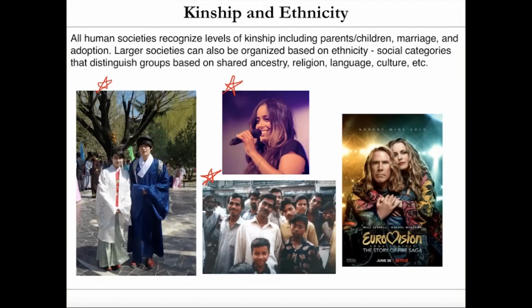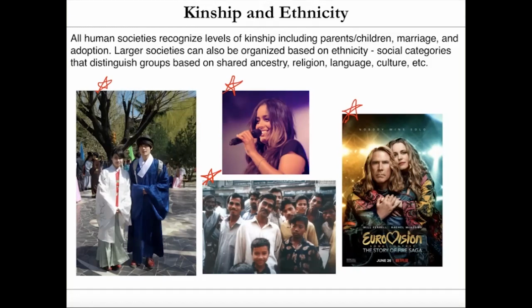If you remember a few years back, there was this movie Eurovision starring Will Ferrell and Rachel McAdams, and it took place in Iceland, even though neither of them are Icelandic. The running joke throughout the whole movie was that they loved each other, but they were also afraid that they might be related. That's actually a problem in Iceland, because it's just such a small population that came over to Iceland, and the country only has like 300,000 people.